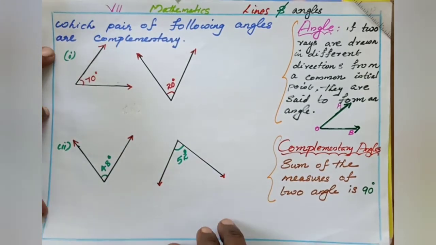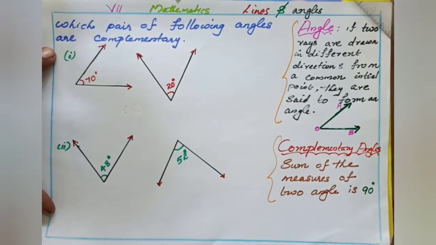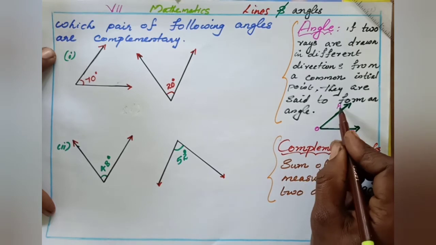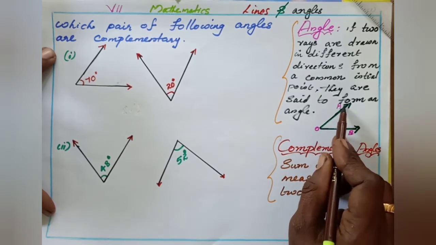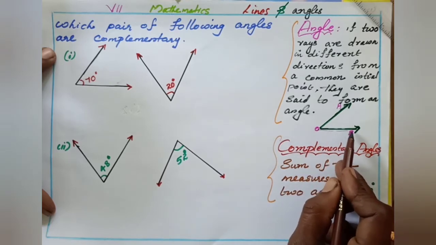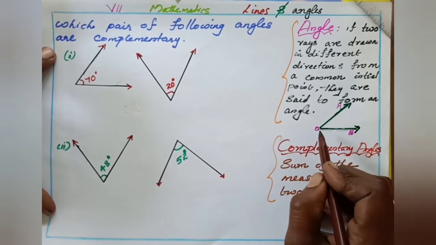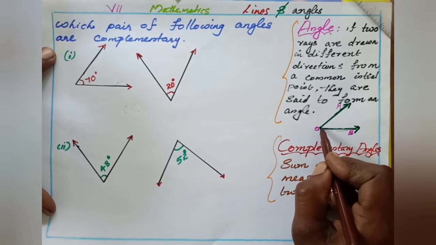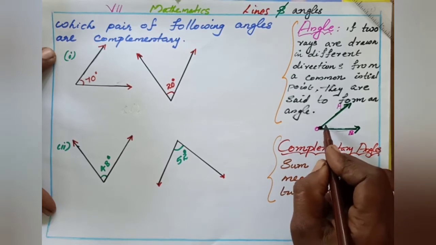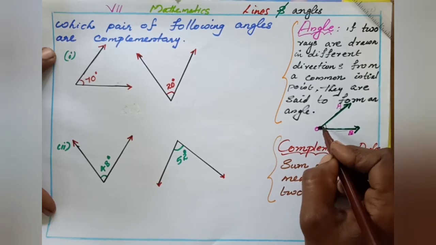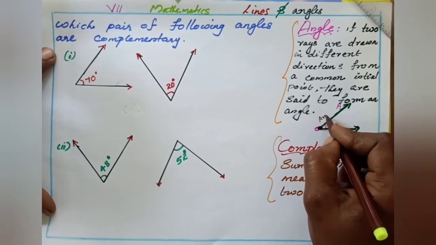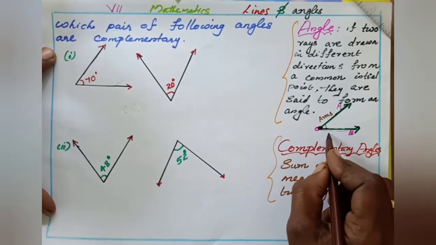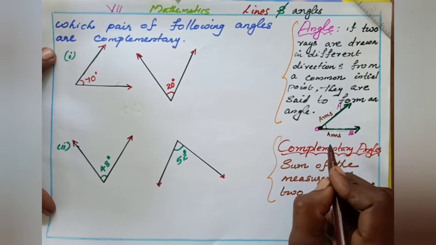See, this OA and OB are the two rays from a common point. This is the common initial point forming an angle. These two different rays are known as arms of an angle.